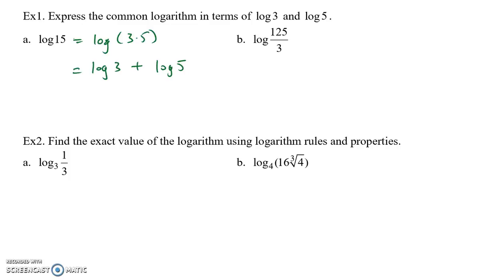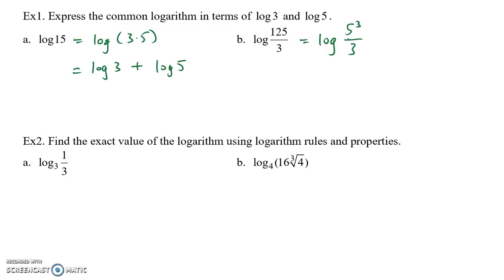The second example, log of 125 over 3. Well, a couple of things to note. Obviously there's a quotient involved, but also in the numerator, 125 is a power of 5. It's 5 to the third power.